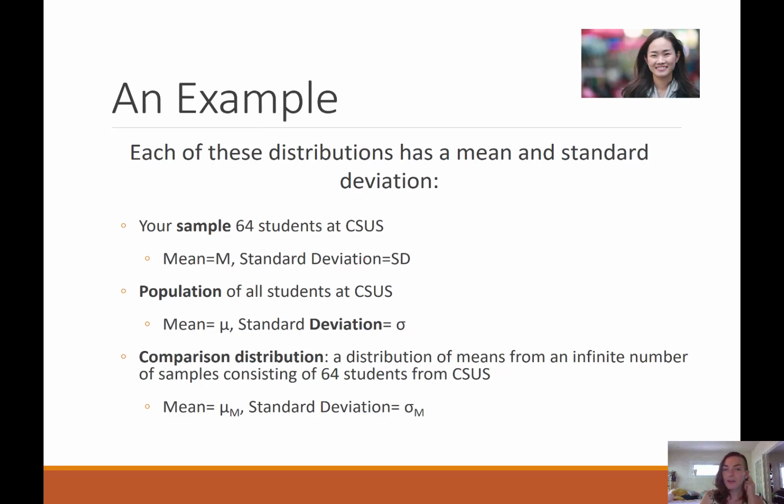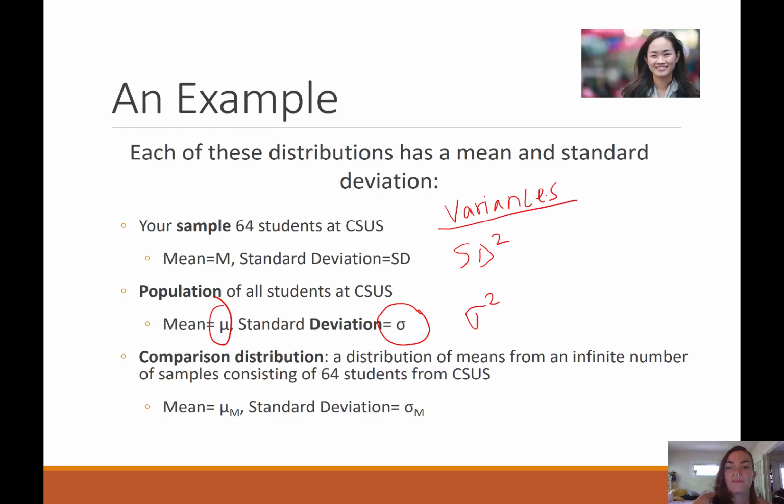So the population mean is the Greek letter mu. And the population also has a standard deviation, which we denote by sigma. Remember that we could also distinguish between the population and the sample variances, which would be SD squared and sigma squared, respectively. Those are the variances, right?